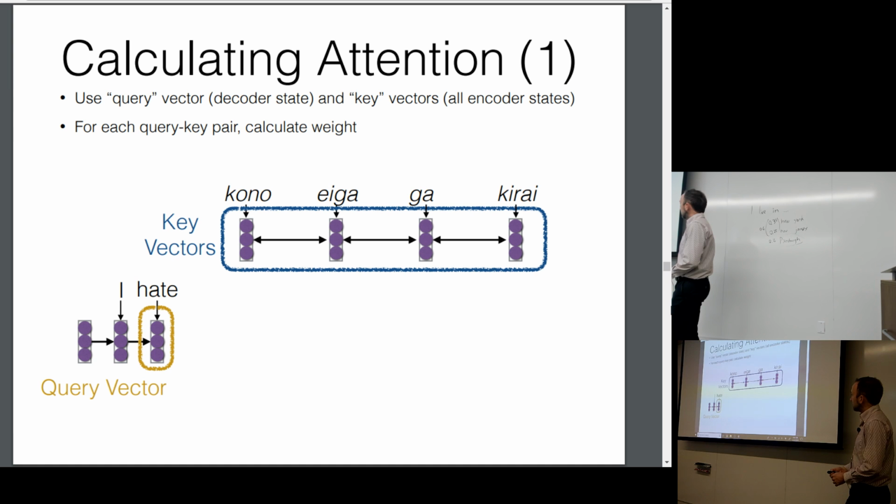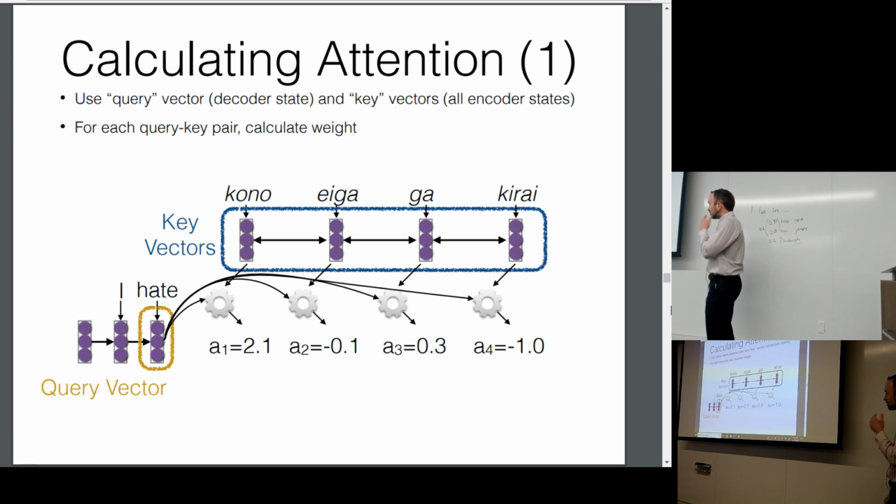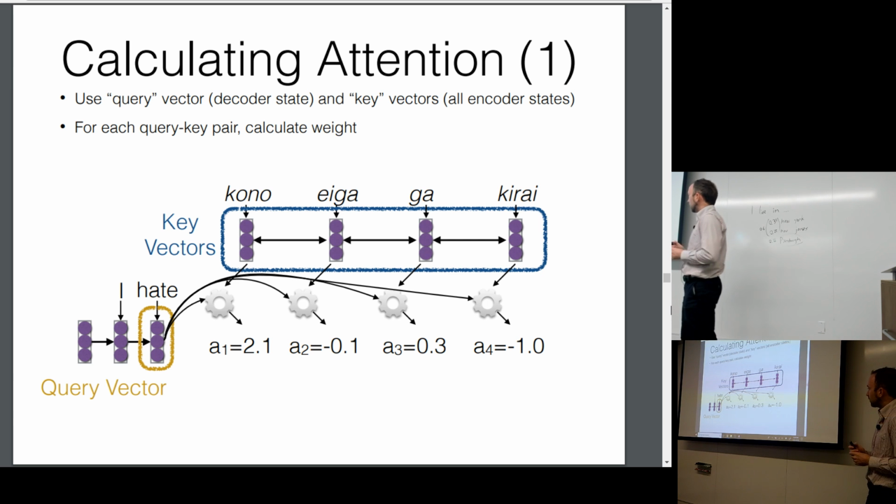And based on this, for each query key pair, we calculate a weight or a score. And maybe it's 2.1 for this one, minus 0.1 for this one, 0.3, minus 1.0. And this is a pairwise calculation. So I'll give some examples of this later. But basically, this is calculated only based on the query vector and each individual key vector.